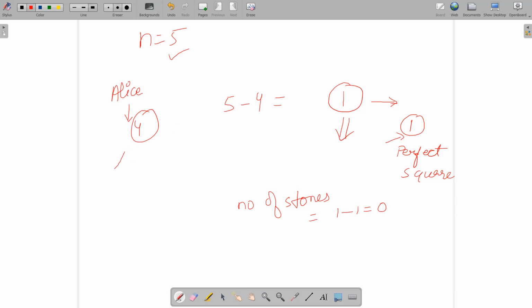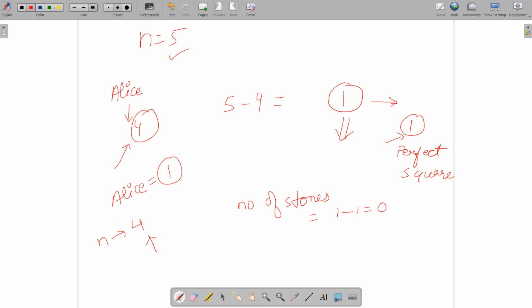Because in the initial case I chose 4, a perfect square. What if Alice chooses exactly 1 stone from the 5 stones? In that case n reduces to 4. Now Bob works on n equal to 4.